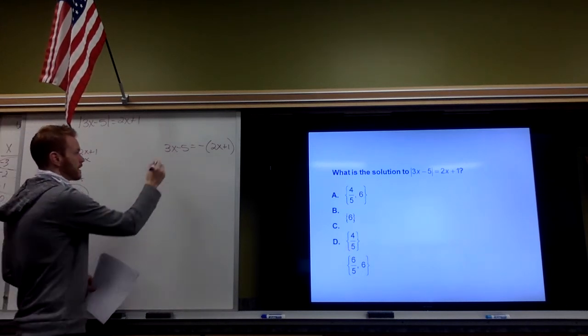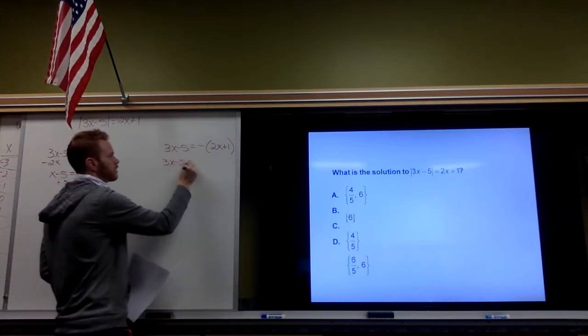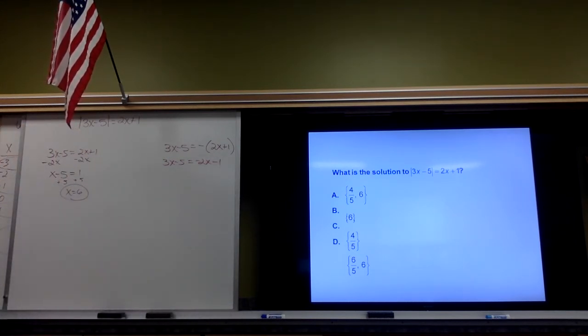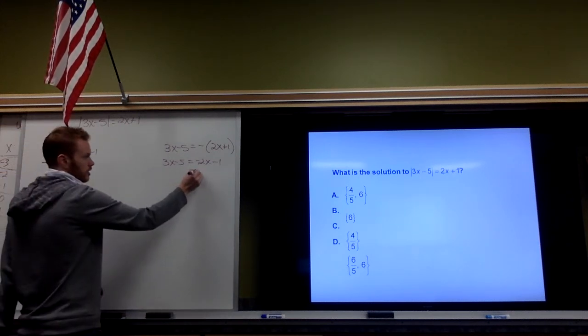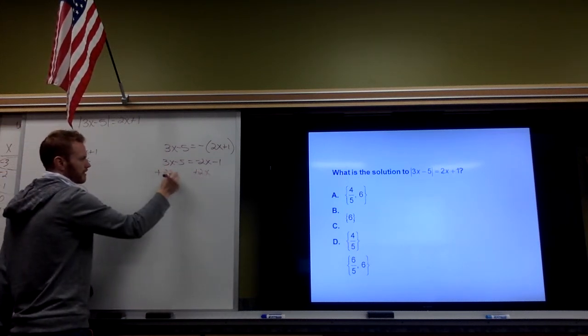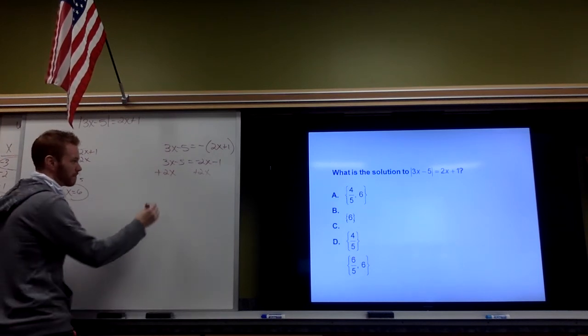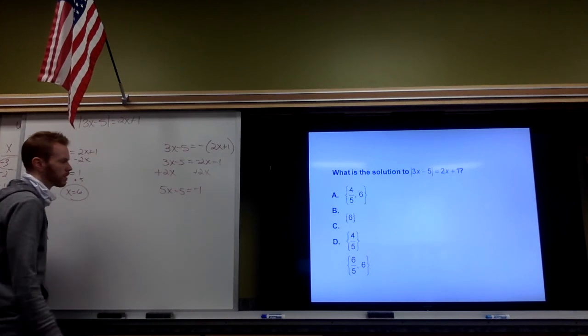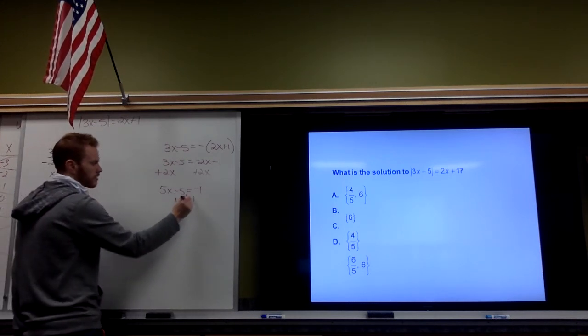Other side. 3x minus 5 equals negative 2x minus 1. So I took the opposite of everything in that expression. Just because of my preference, I'm going to add the 2x to keep the variable positive. It's just what I like. Add 5 to both sides.